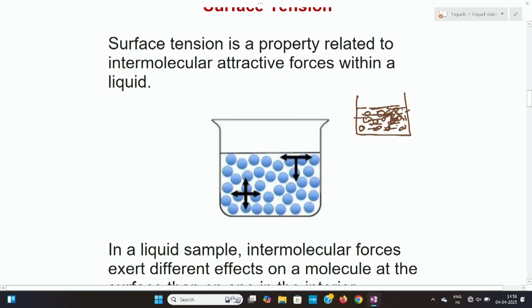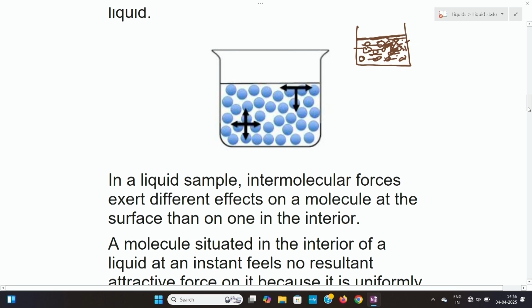Therefore, there will be a tension at the surface molecule. The surface molecule is experiencing a tension. That is called surface tension. Here we have one figure. The molecule here experiences intermolecular force from all the directions, and the molecule which is at the surface has only the intermolecular attraction from these sides, not from above.